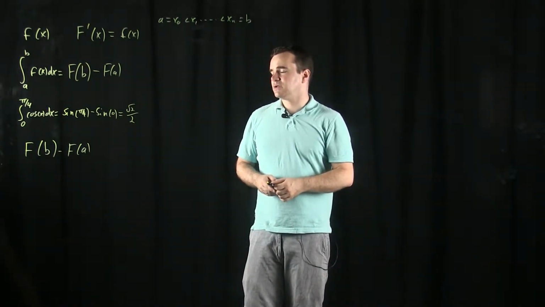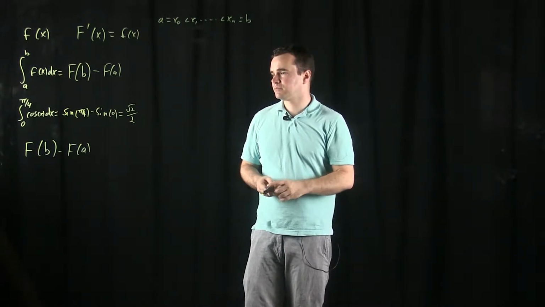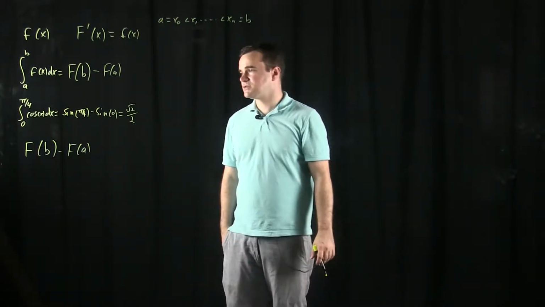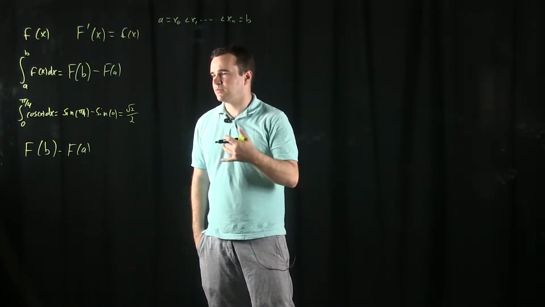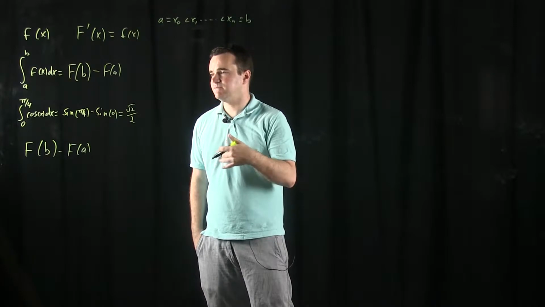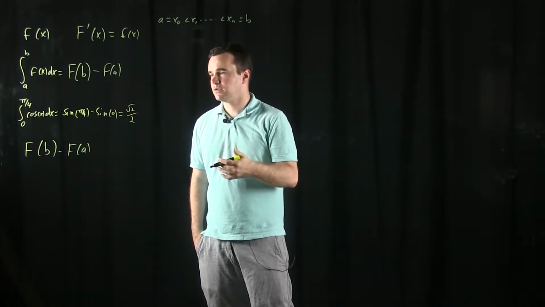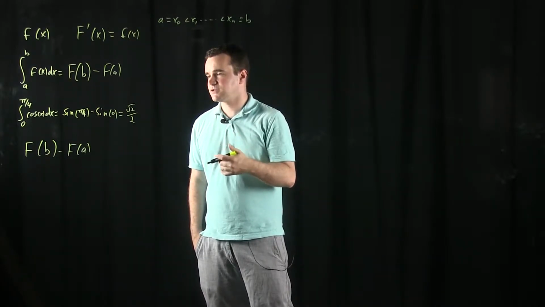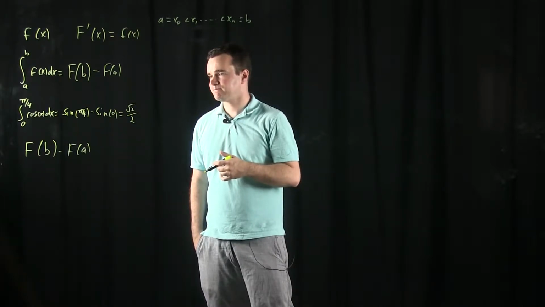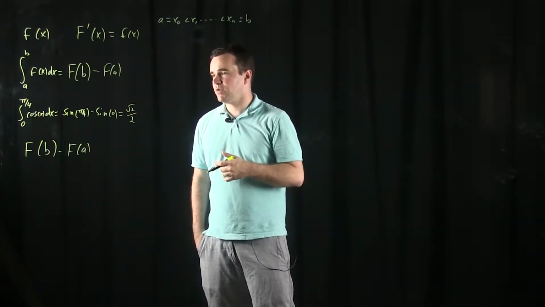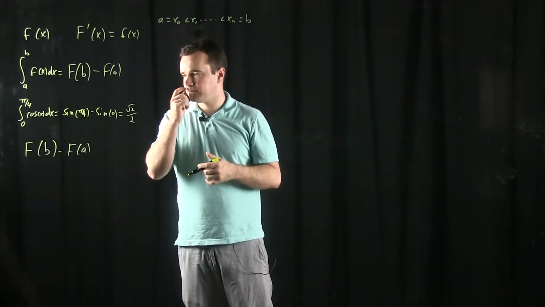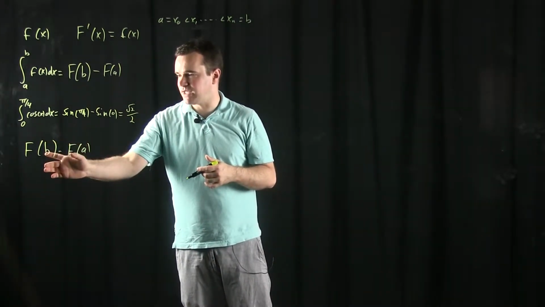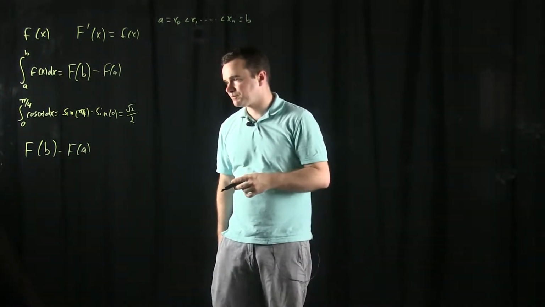And so what I want to do to this is a technique you'll hear referred to as a telescoping series, like a telescoping series of numbers. What I want to do is not just write F of xn minus F of x0.